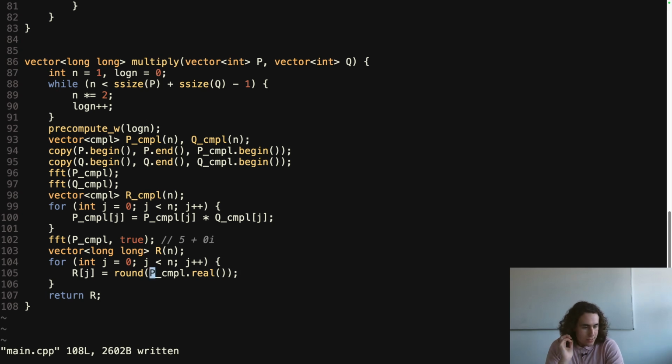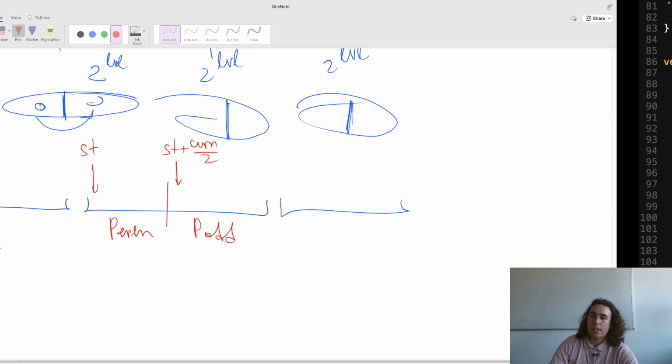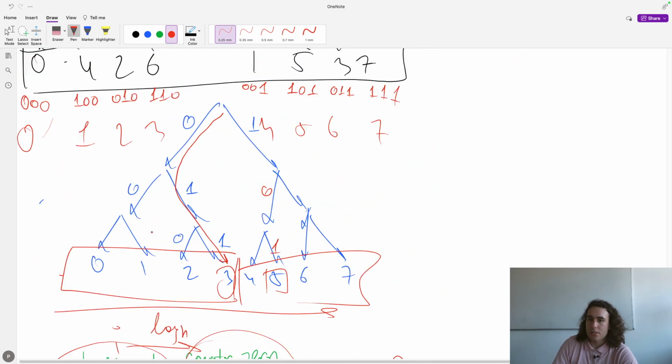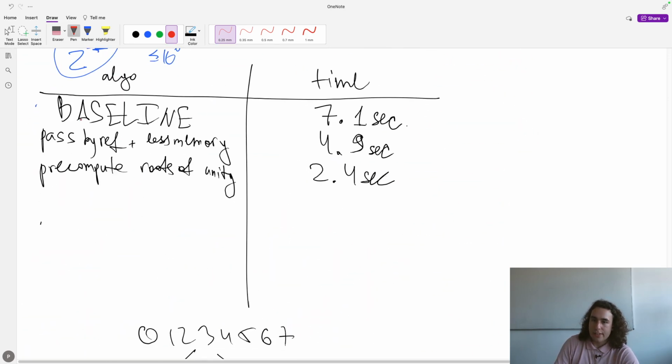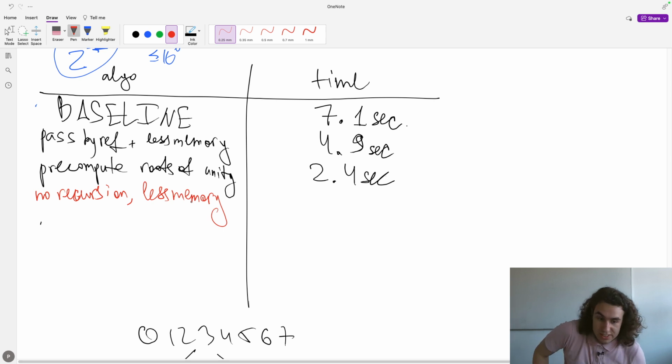And I think this should be my version of the code: no recursion, less memory. It took some work to get to this point, but it was worth it.